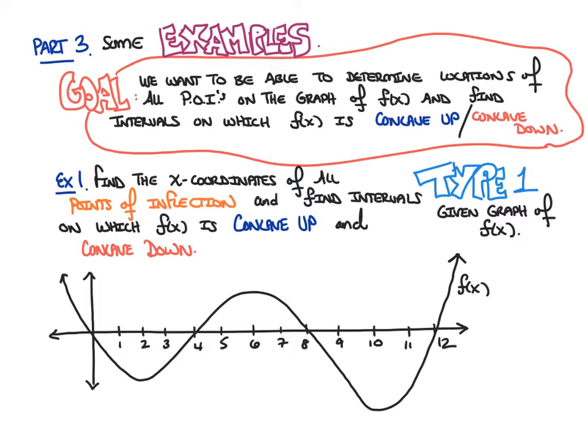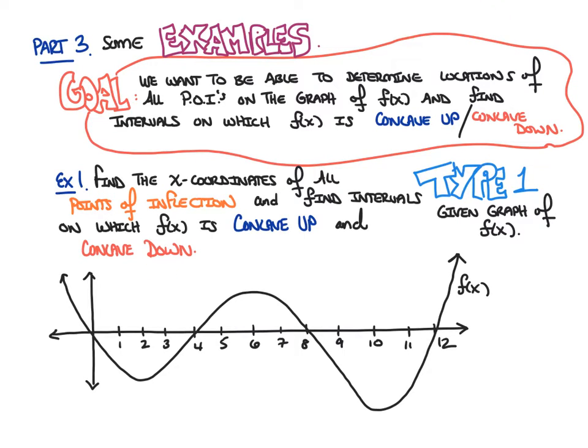And so just like the last video, I've broken this into 4 parts, 4 types of questions you're going to see based on what information you're given. But the directions for each question is always going to be the same: find the x coordinates of all POIs, and find intervals on which the function is concave up and concave down.